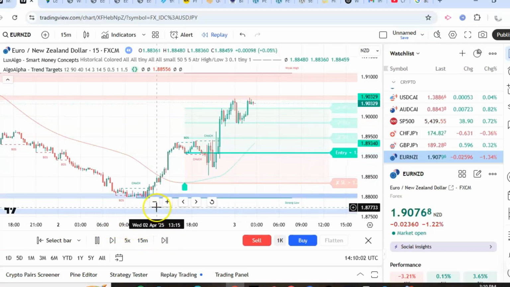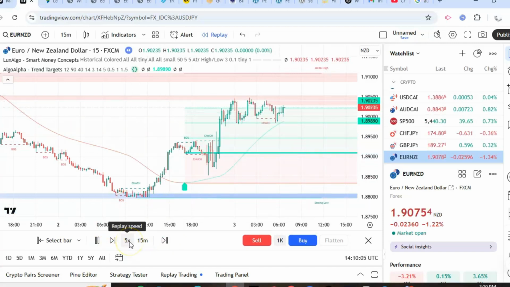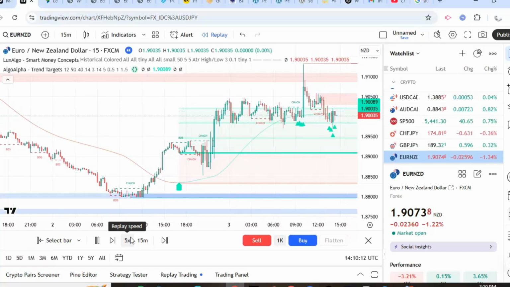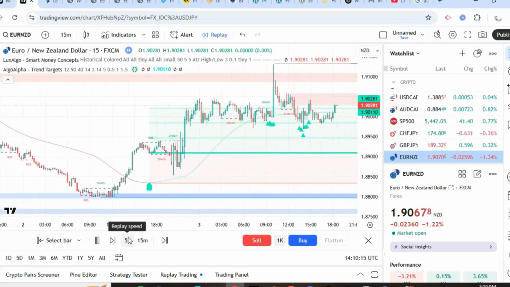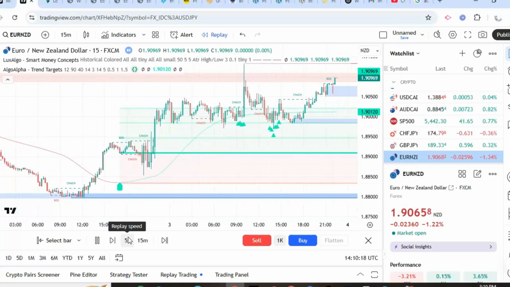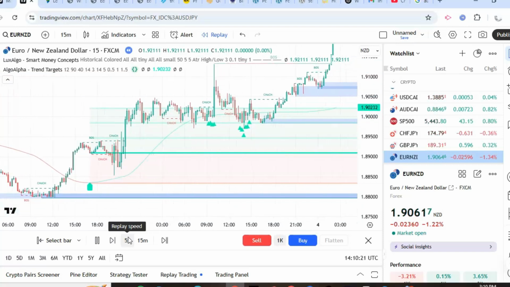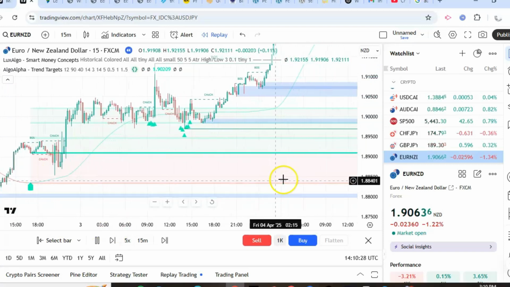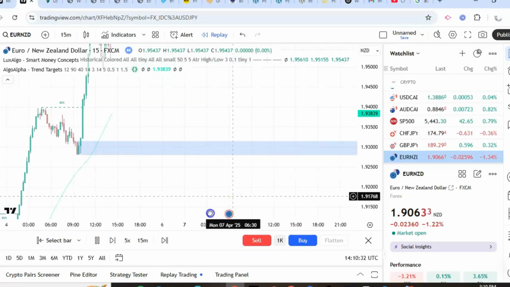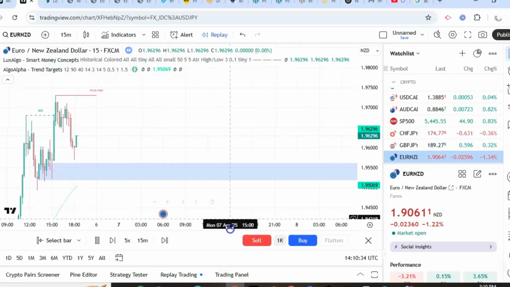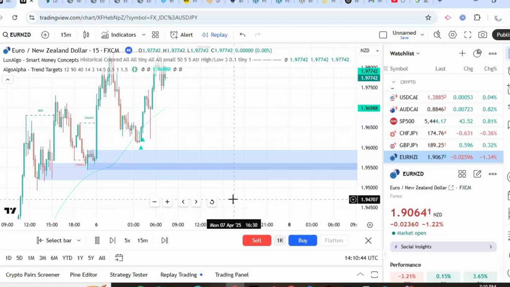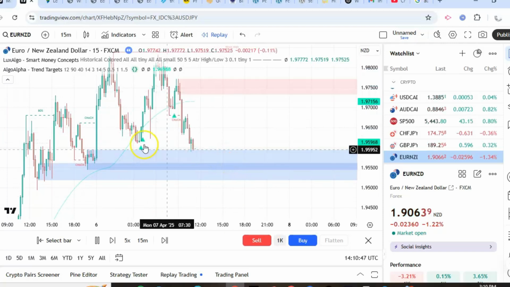Trade, take profits taken out there. So another thing that this indicator does is that it paints retest points.